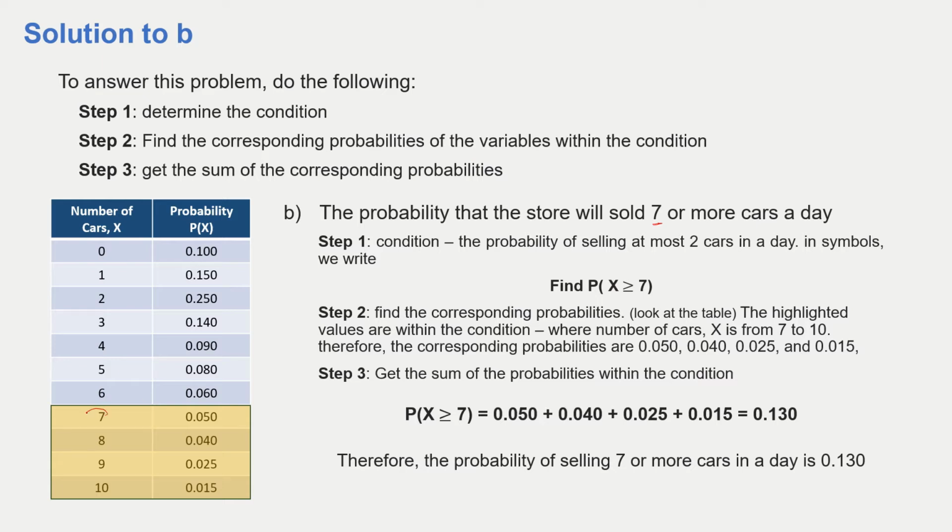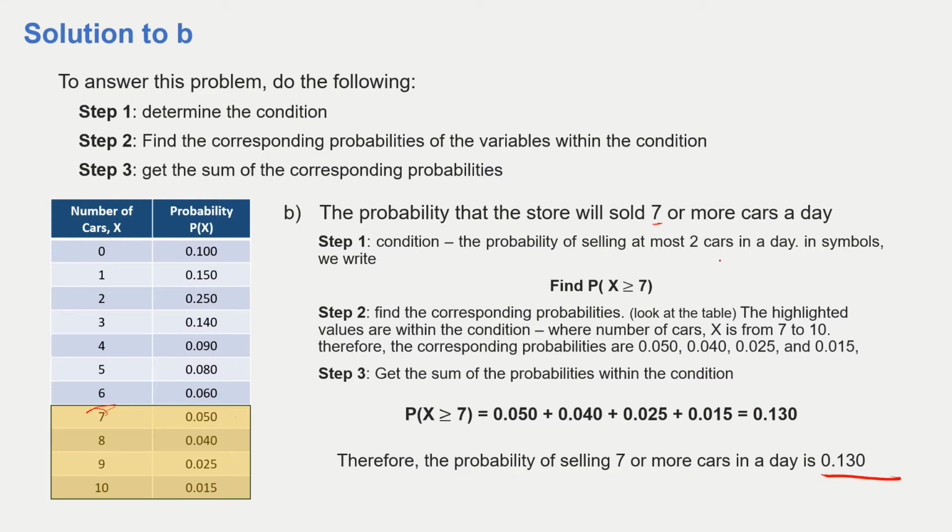Here we have 7, which is included, and the numbers greater than 7 are 8, 9, and 10. Their corresponding probabilities are 0.05, 0.04, 0.025, and 0.015. Step 3 is to get the sum of the corresponding probabilities, which gives us 0.13 or 13% chance.